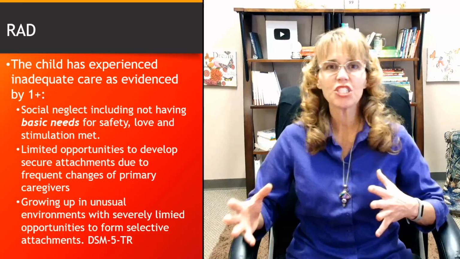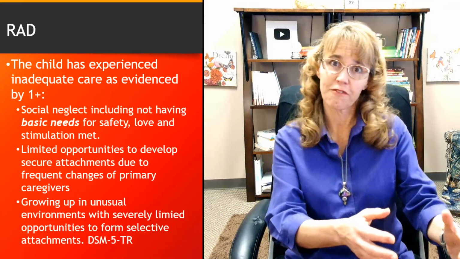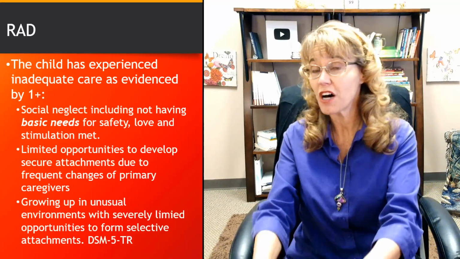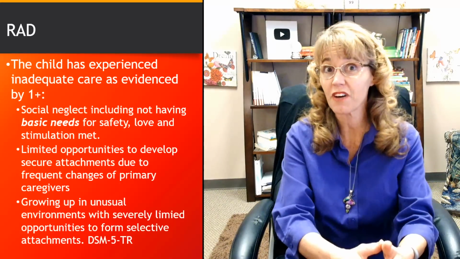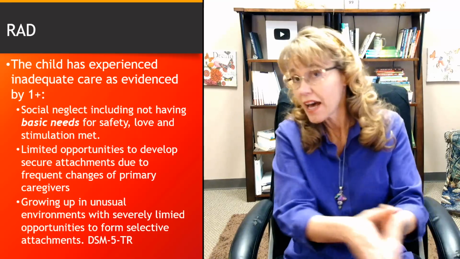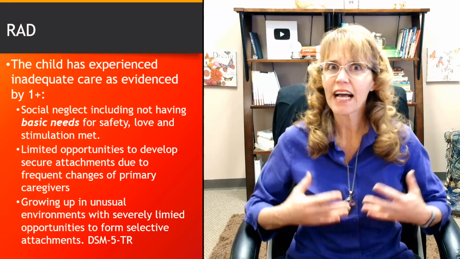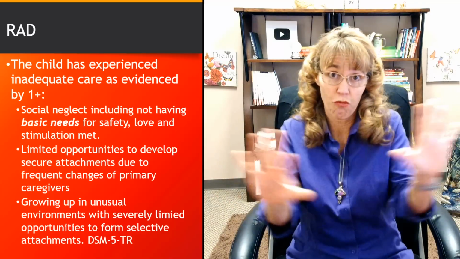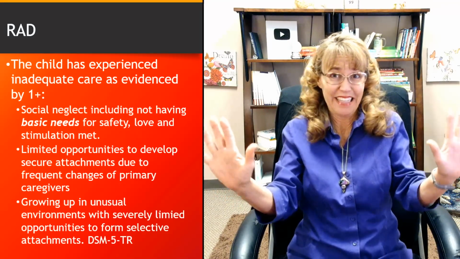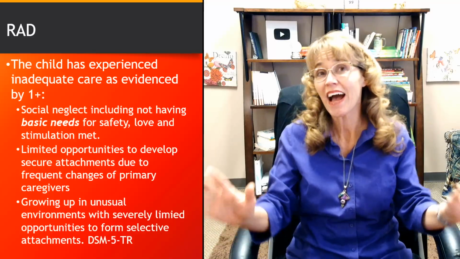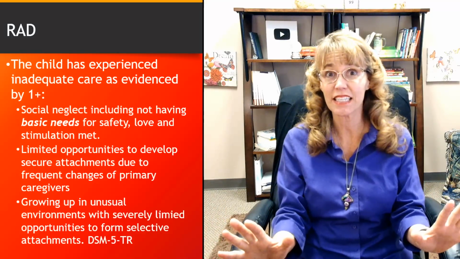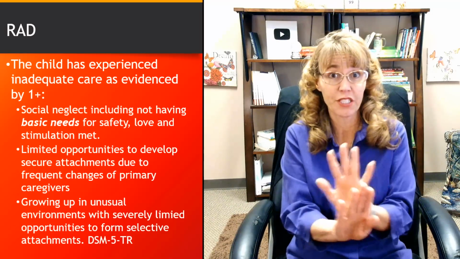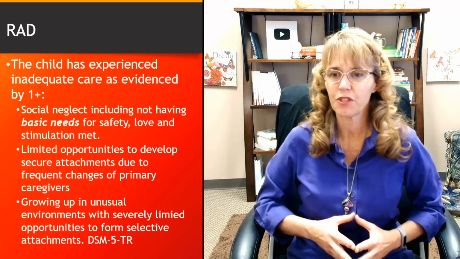If they are frequently changing primary caregivers, going from living with their biological caregivers to a foster home, to another foster home, to another foster home, back to their primary caregivers, and then start the cycle again, that can be very confusing and very unsettling for the child, and they may just kind of wall off and say, you know what, I can't trust you to be there. I can't trust you to meet my needs consistently because tomorrow it could be somebody else. So I am not going to connect with you.